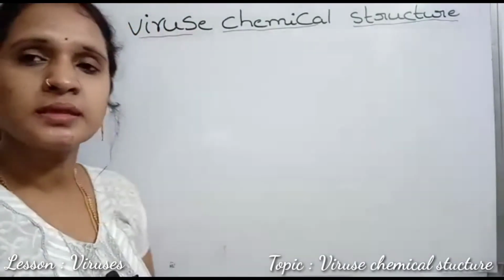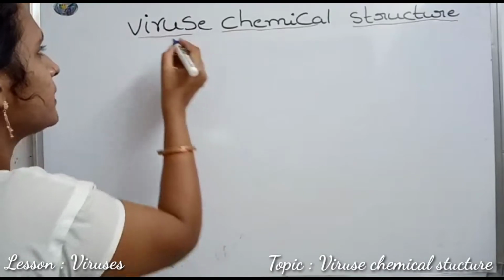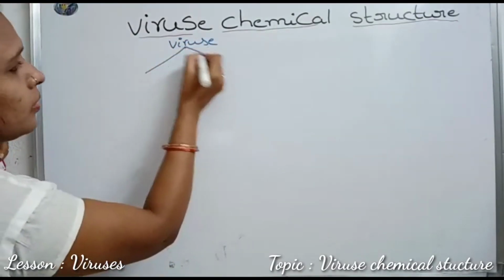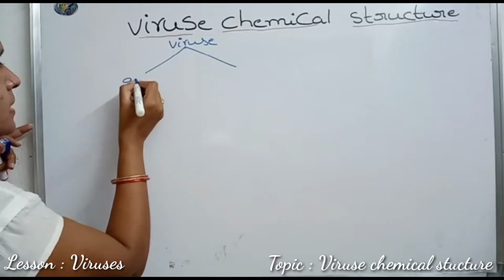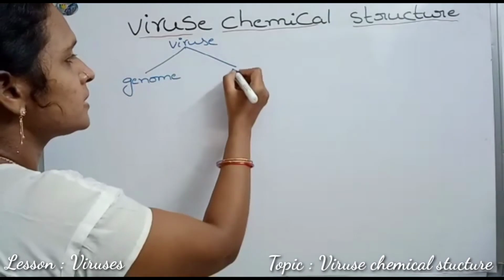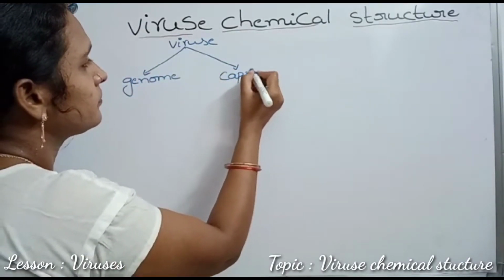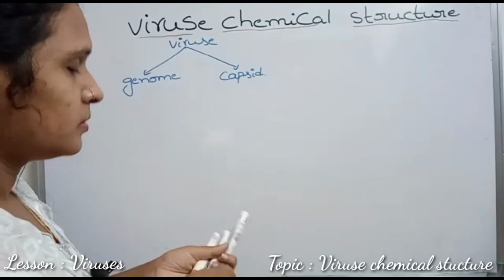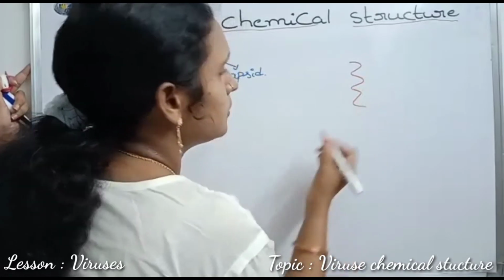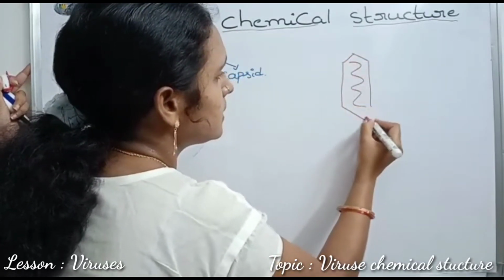Generally, viruses are mainly composed of two components: the central core of nucleic acid, that is the genome, and the surrounding protein coat, which is the capsid.